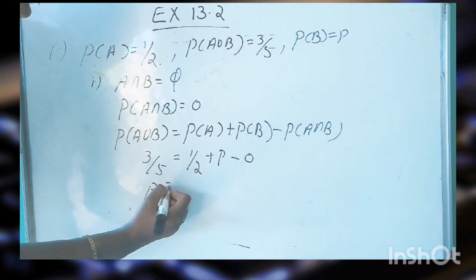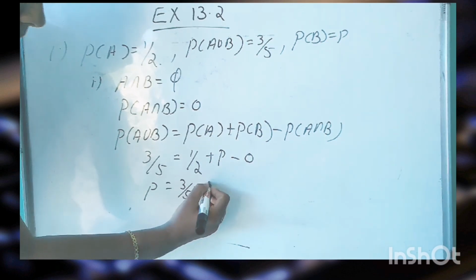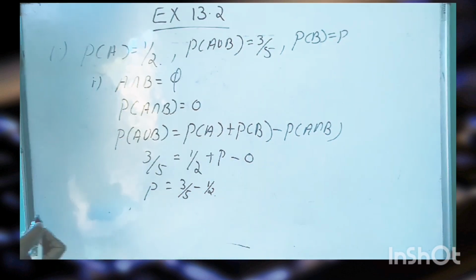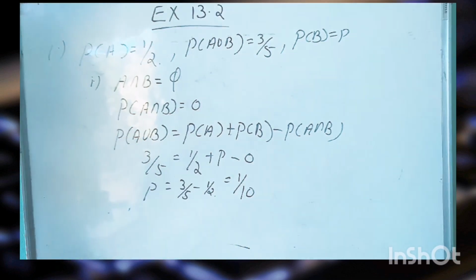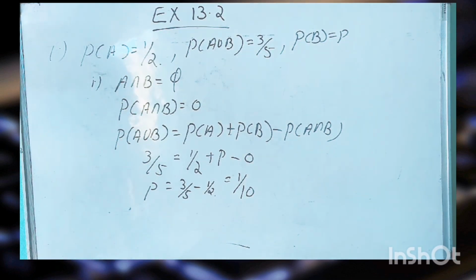Now P is equal to 3 by 5 minus 1 by 2. That is equal to 1 by 10. So if A and B are mutually exclusive, then P is equal to 1 by 10.